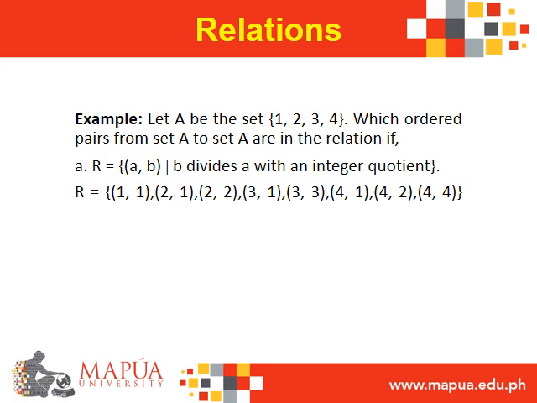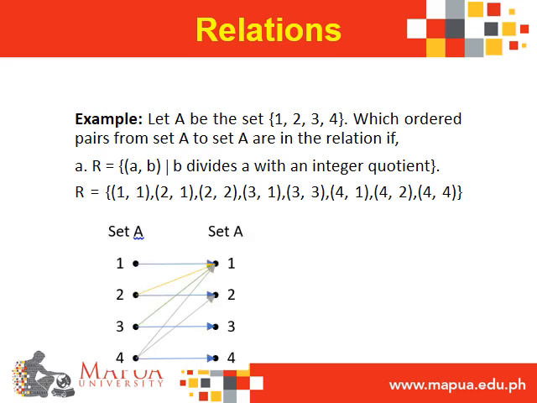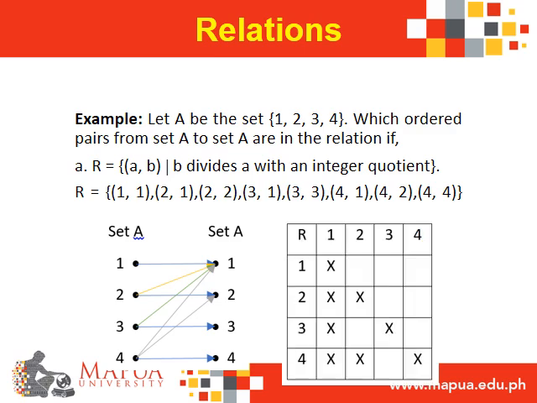Bear in mind, these are the only ordered pairs that satisfy the given property, since A may be any value 1 to 4 and B may be any value 1 to 4. Likewise, you can also represent this relation graphically, looking like this. And you may also represent this relation in a tabulated manner like this.